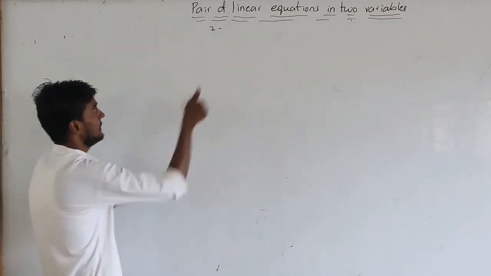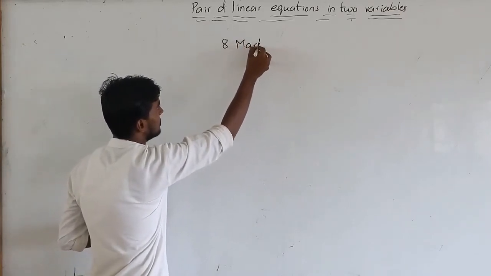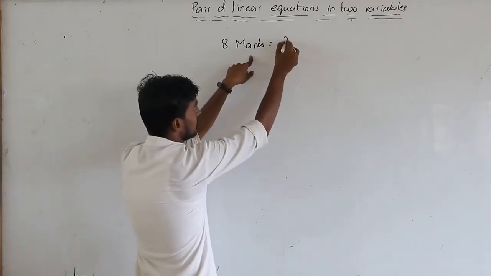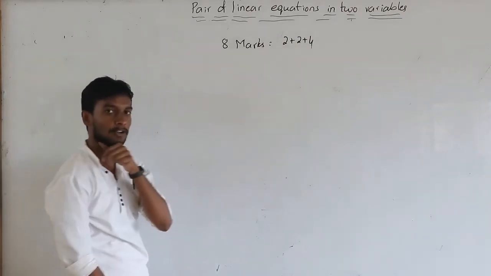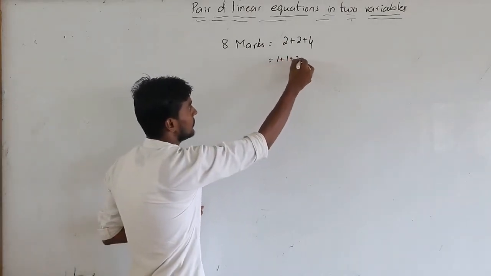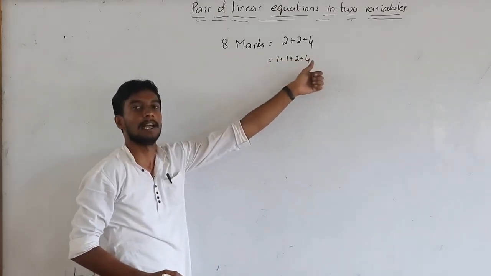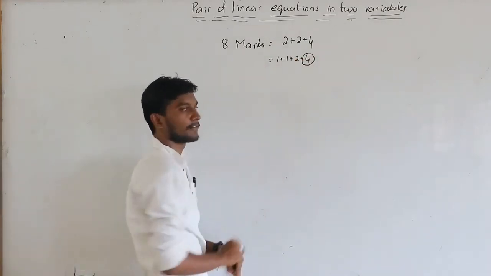So totally you are getting 8 marks on this chapter, according to last year's blueprint. In these 8 marks, 2 questions of 1 mark and 1 question of 2 marks you may get, or you are getting 1 plus 1 plus 2 plus 4. It means two 1-mark questions, one 2-mark question, and one 4-mark question. This 4 marks question will definitely be a graph.